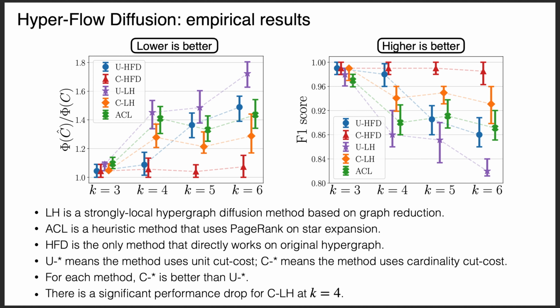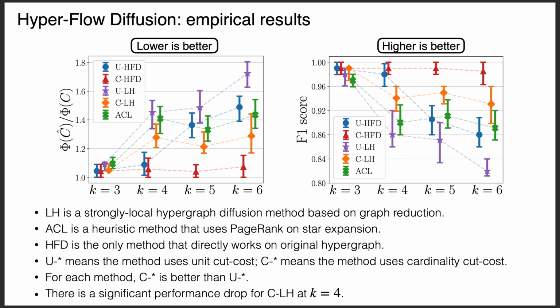On the other hand, if you look at CLH, which is colored in orange, there is a significant performance drop going from k equals 3 to k equals 4. This is because the theoretical conductance guarantee for LH has a dependence on the hyperedge size.